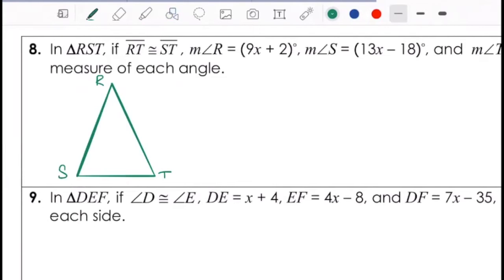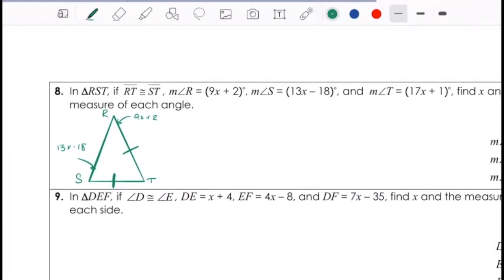We know RT is congruent to ST. R is 9x plus 2. S is 13x minus 18. And T is 17x plus 1.